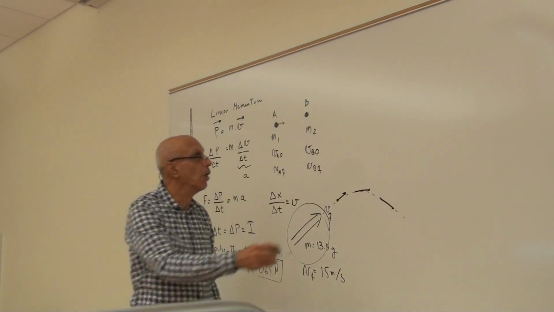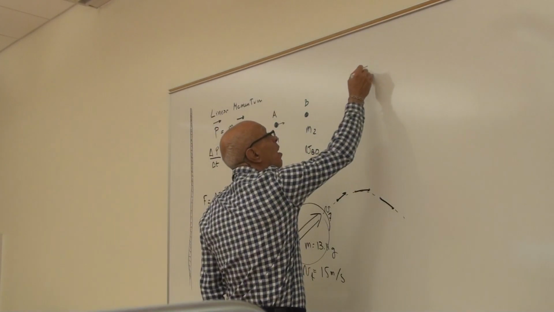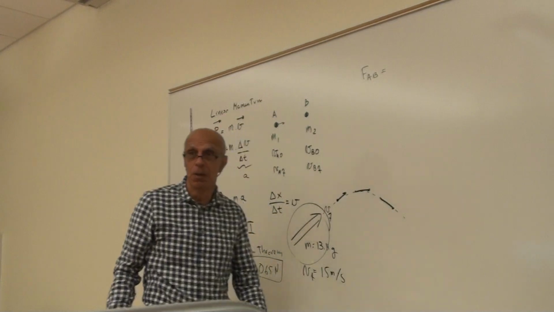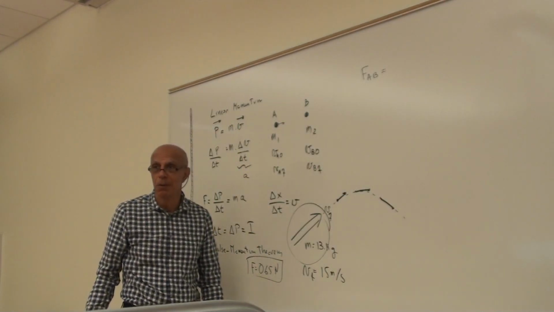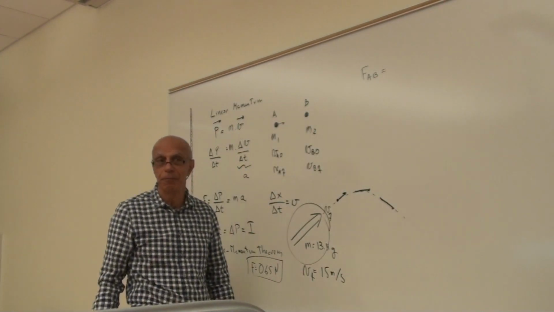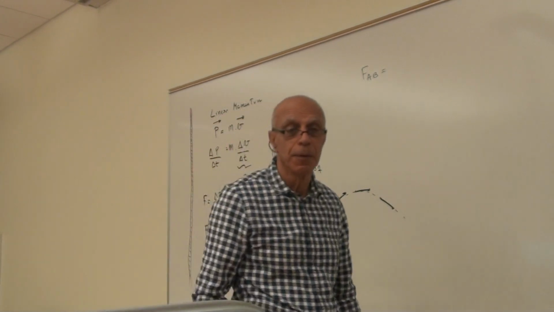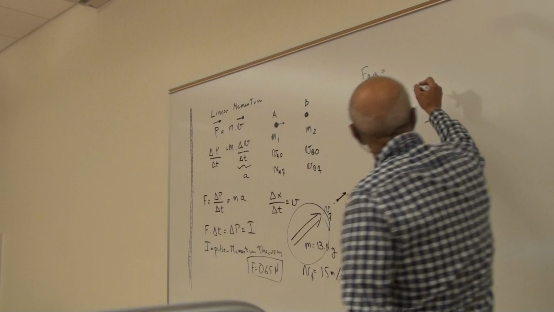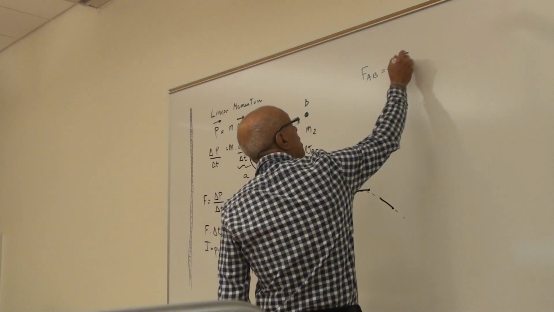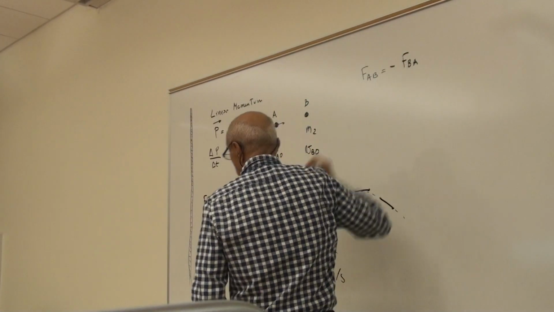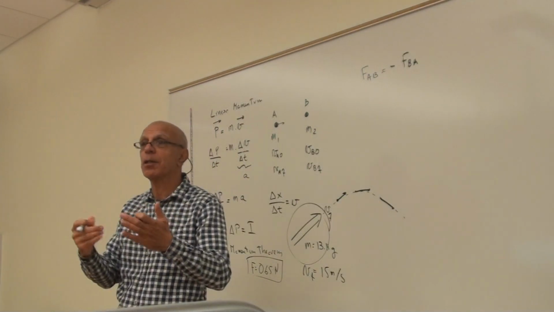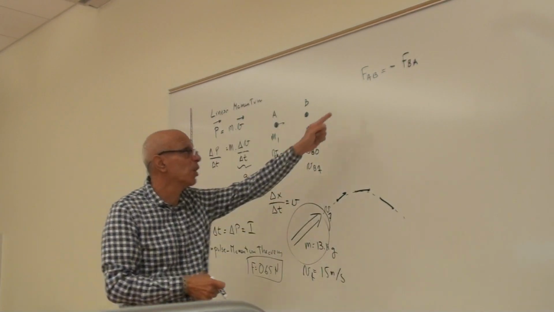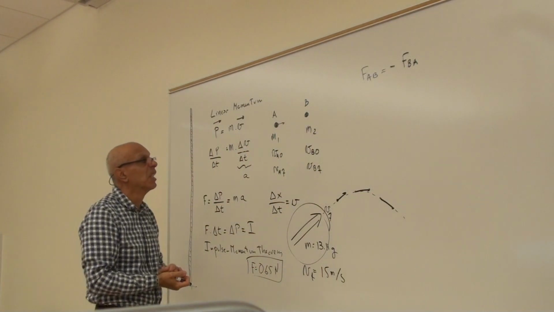So it's like the force of A on B is going to be equal to the opposite force, right? It's an action and reaction. A hits B, and B is going to impart a force on A, right?